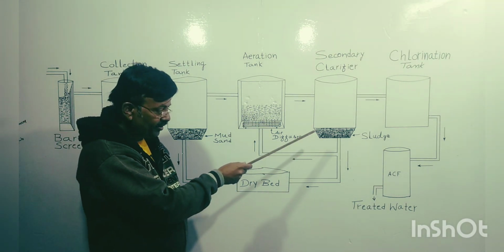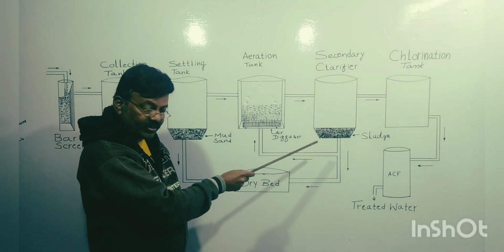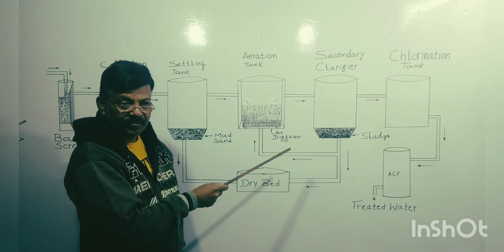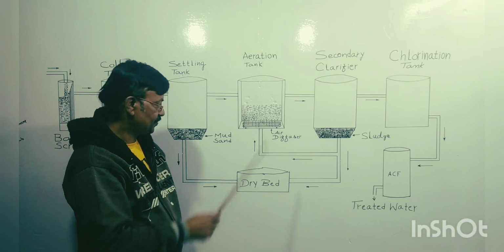Therefore, that portion of activated sludge is called returned activated sludge.